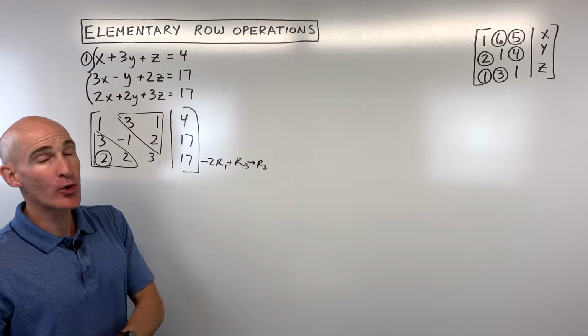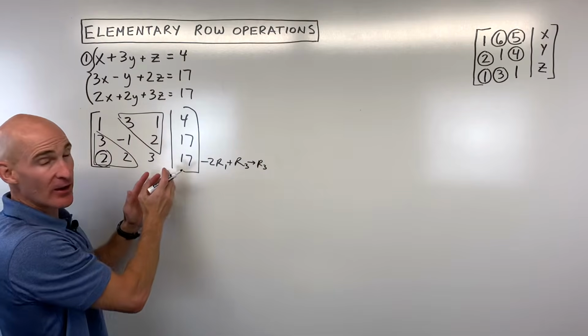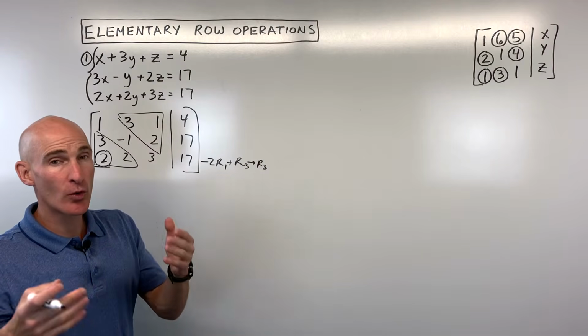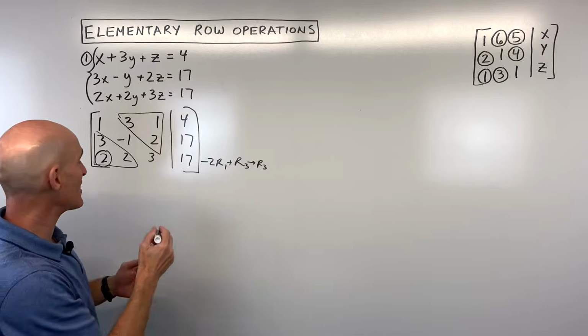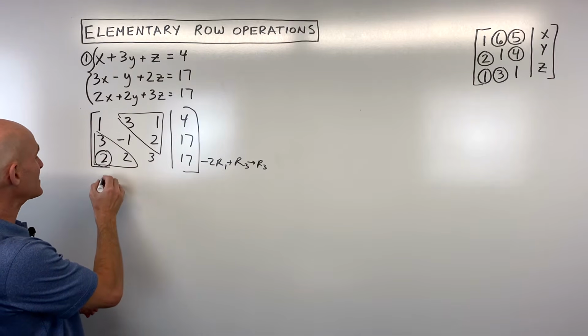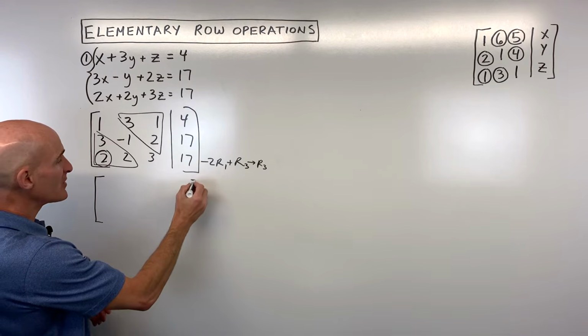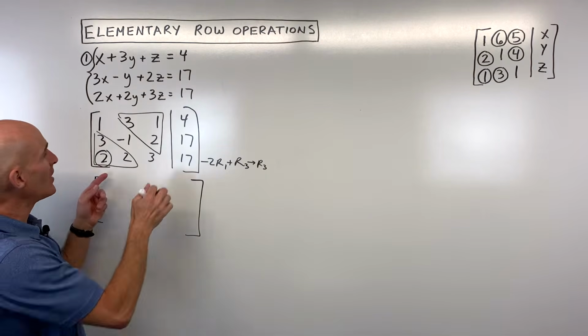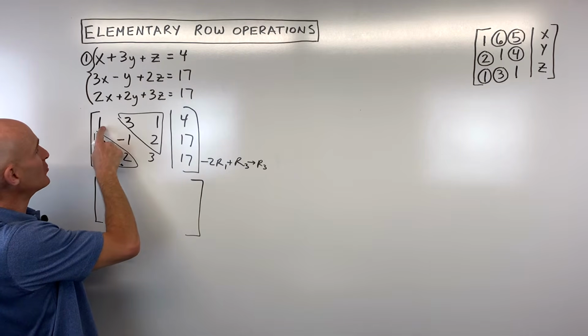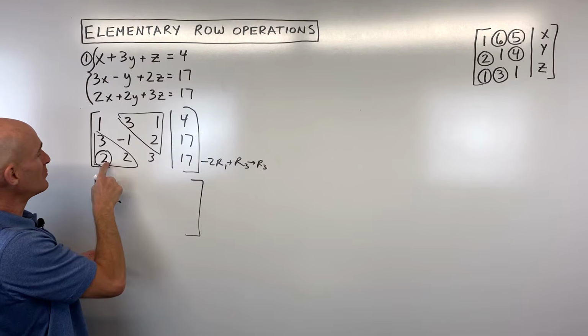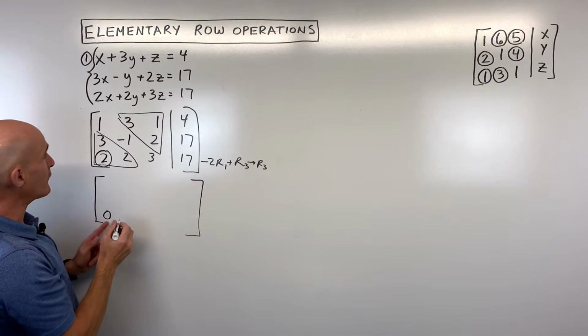Now, you can do the work off to the side and then put the final answer here. A lot of times students like to do that, or you can do it in your head. When you do it in your head, sometimes it's easy to make a simple arithmetic error, but let's be careful here. So if I multiply this times negative 2, 1 times negative 2 is negative 2, plus 2 is 0, and that's what we were going for.